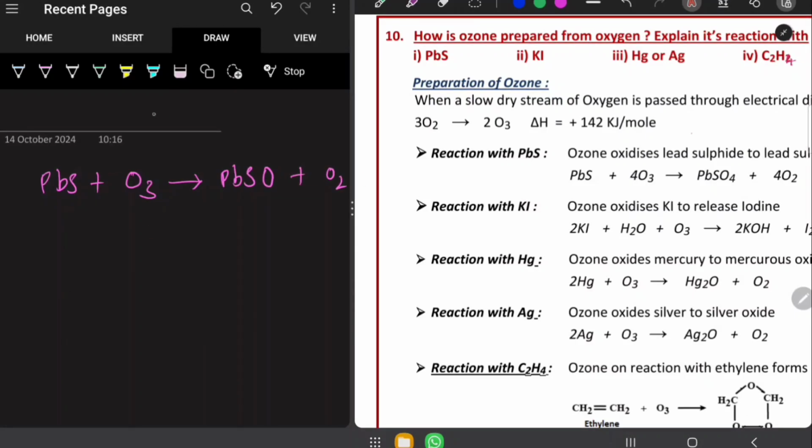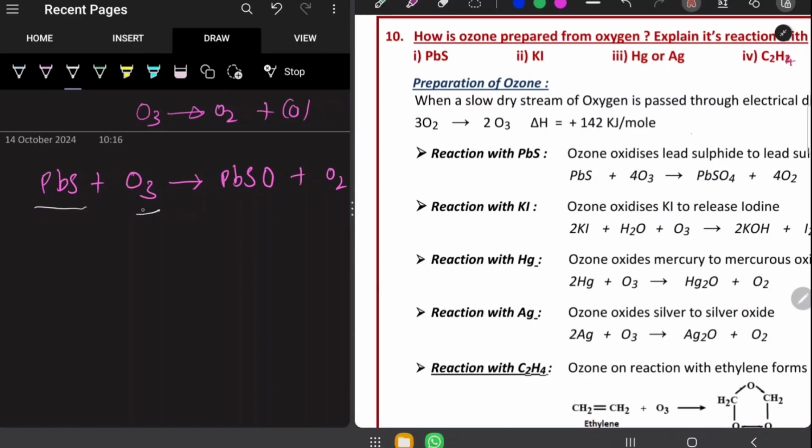That means ozone is converted into oxygen by releasing one nascent oxygen. So here one ozone molecule gives 1 oxygen to PbS. If I take 4 ozone molecules, then 4 oxygen atoms go to PbS, and it becomes PbSO4.